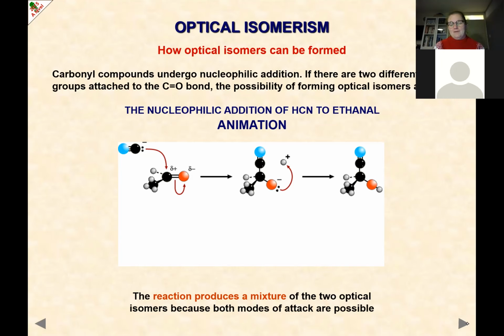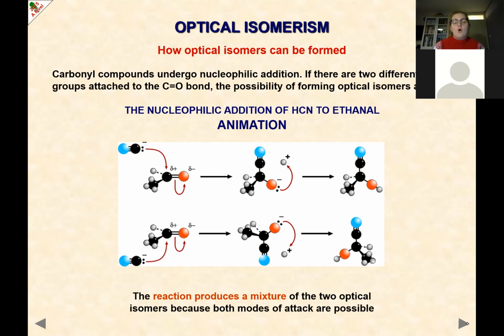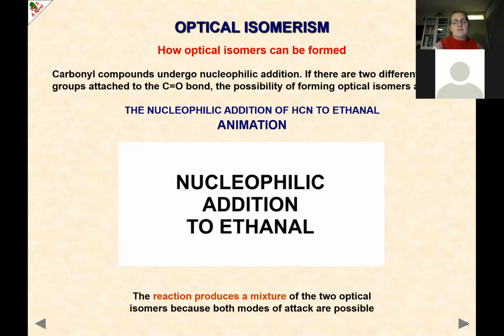Then in the animation we've got the same ethanal being shown. The cyanide ion attacks from the bottom this time, and it produces the non-superimposable mirror image, the opposite isomer to the first one. So this reaction produces a mixture of the two optical isomers.